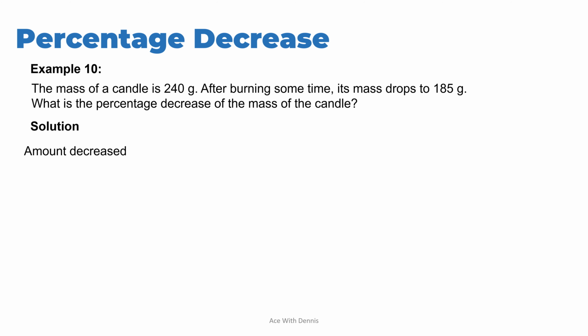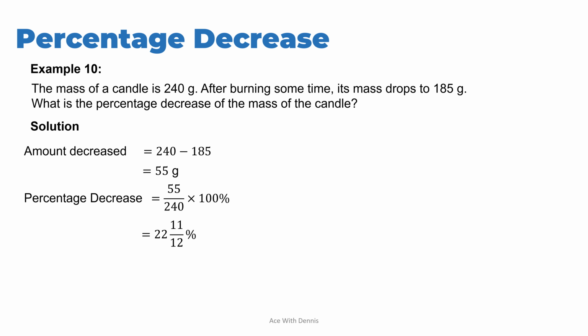First, we have to find the amount of decrease, which is 240 minus 185, and we get 55 grams. So the percentage decrease will be 55 over 240 times 100%, which is 22 and 11 over 12%. So to answer the question, the mass of the candle decreases by 22 and 11 over 12%.